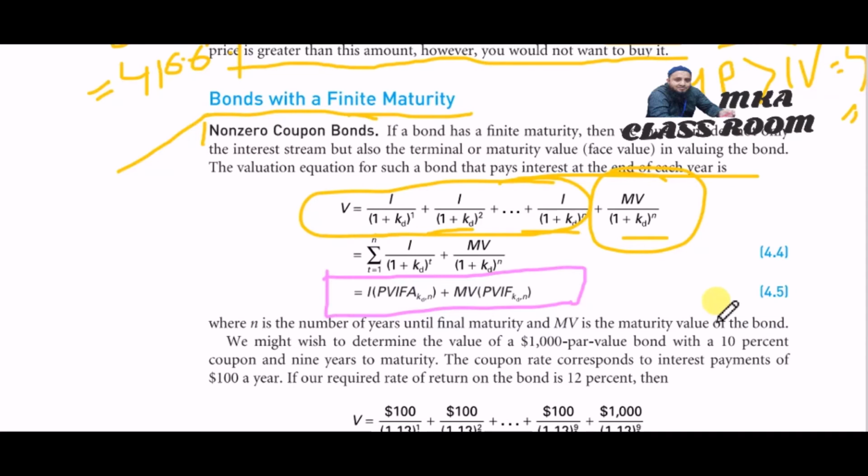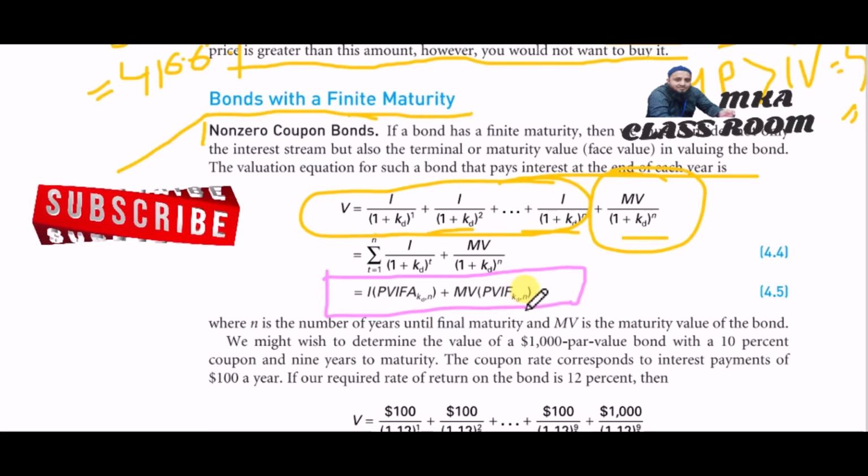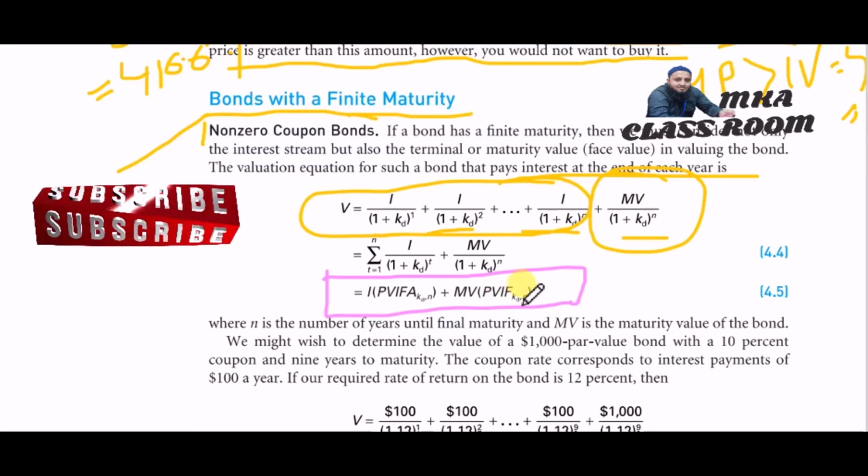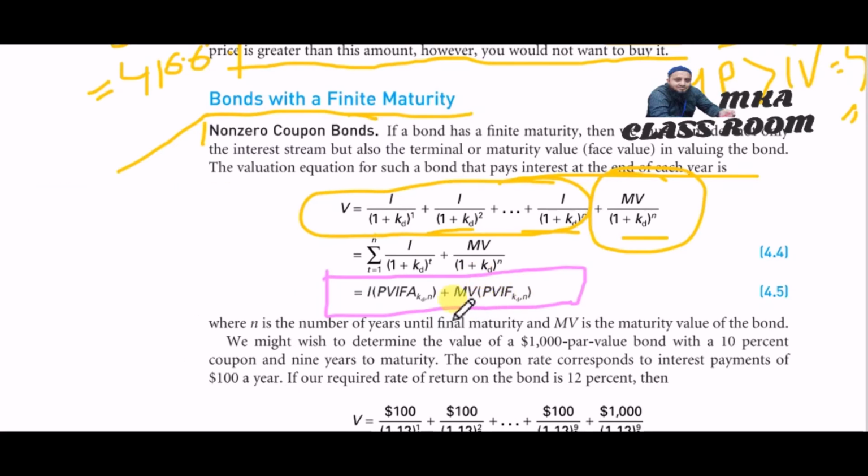You can have this table in this way: I, that means interest, times PVIFA, that is the present value interest factor annuity, for Kd, the interest rate, and the number of periods, plus MV, the maturity value, times the present value interest factor for Kd and N. If we look at our table where this value is, then we can get our value.